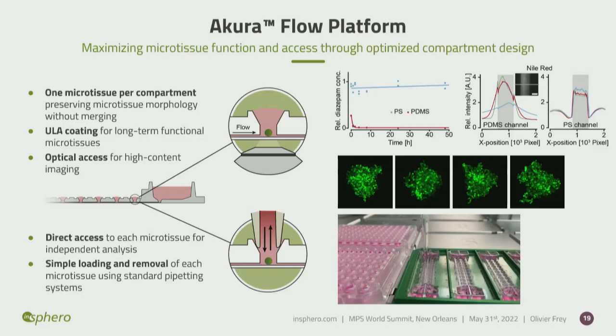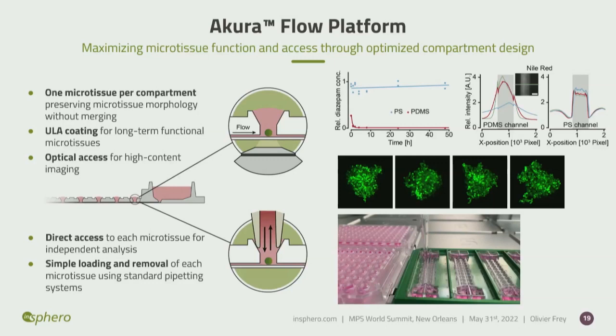So here is a hydrophobic rim, and the liquid is actually stopping there on the top and is not overflowing. And that allows us to use the liquid-air interface as actually the top of this small microtissue compartment that is just like 1 or 2 microliters in volume.